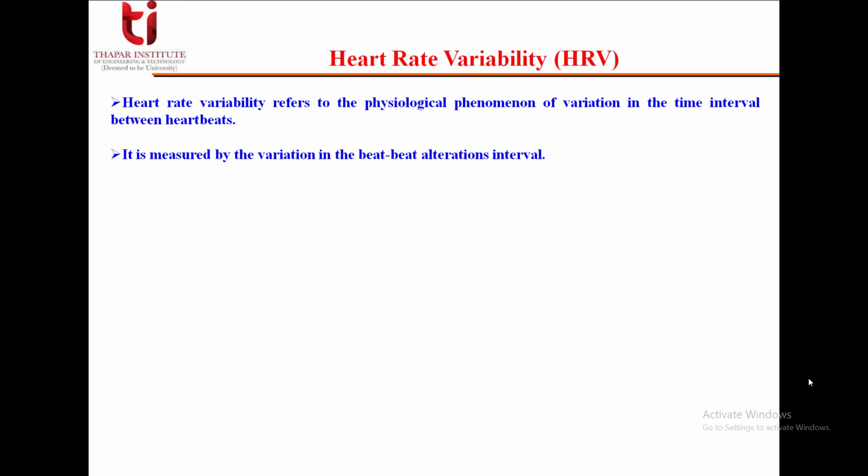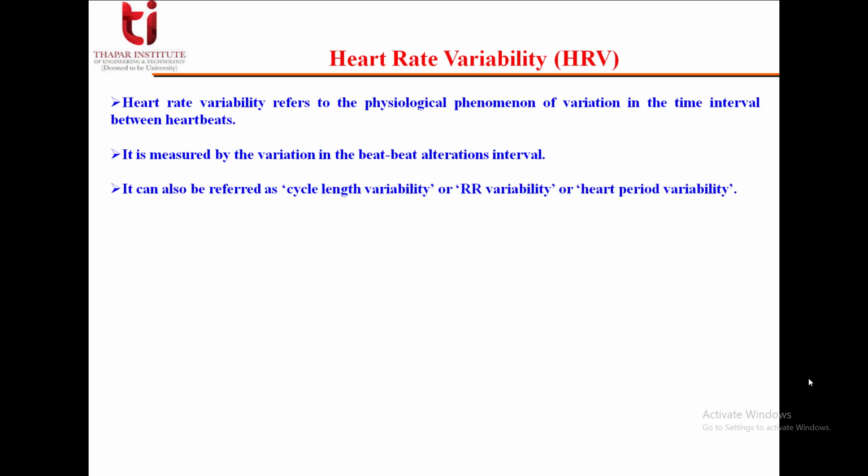It is measured by the variation in the beat-to-beat interval. It can also be referred to as cycle length variability, RR variability, or heart period variability.